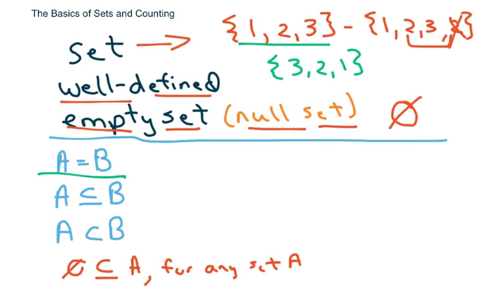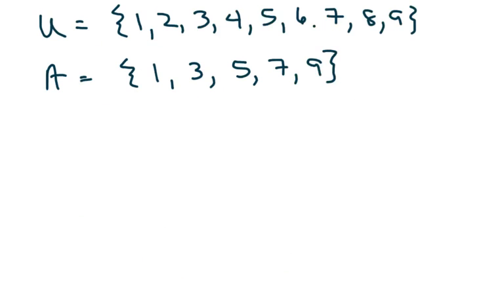So we can have a set A equals set B. We can also have a set A as a subset of B. Like for here, it could equal or be a subset of B. Or we could have A as a proper subset of B. Okay, that means that A can't equal B. And the empty set or null set is a proper subset or a subset of every set A.